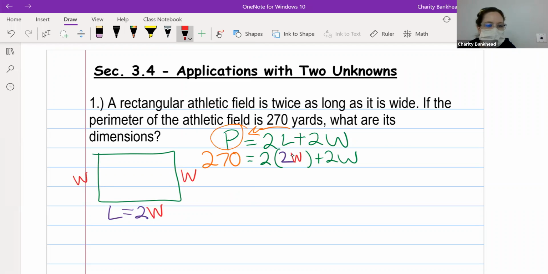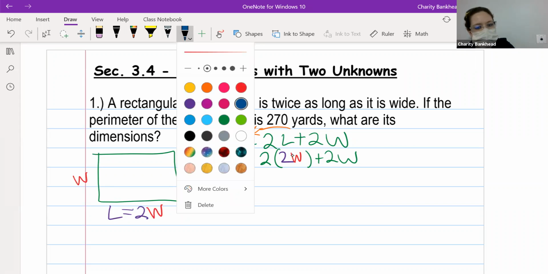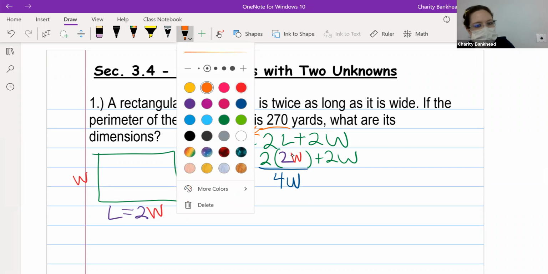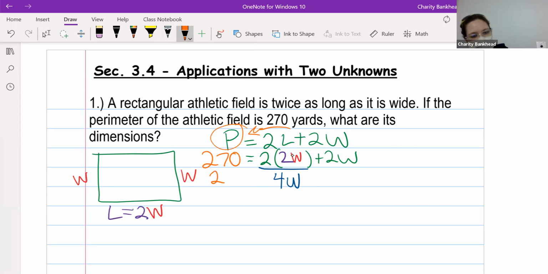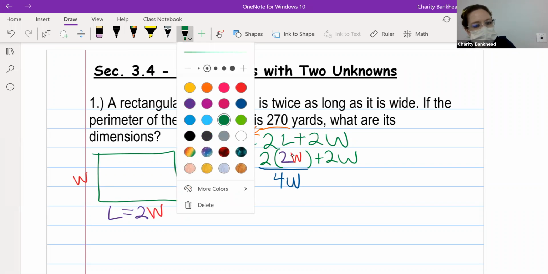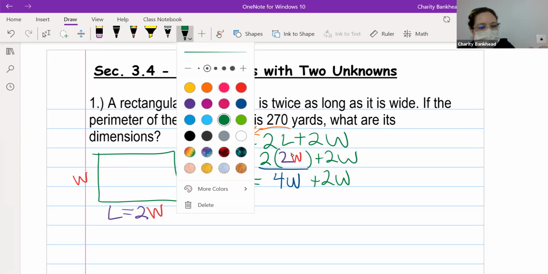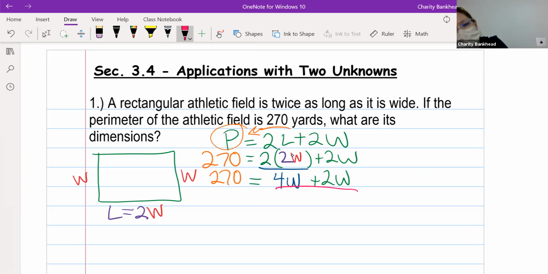All right, so 270 equals 2 times 2W plus 2W. So 2 times 2W gives us 4W. So 270 equals 4W plus 2W. And then we could combine the like terms. 4W plus 2W equals 6W.